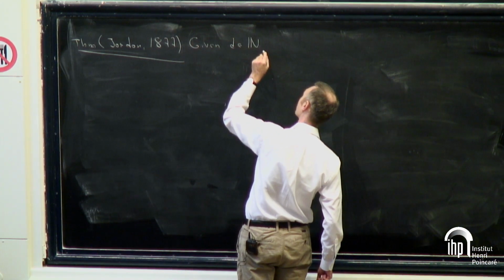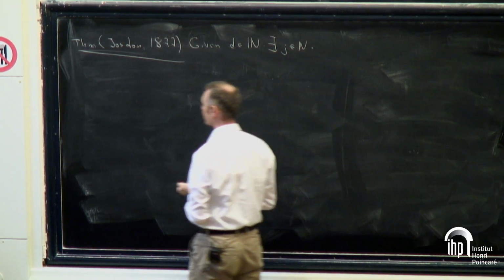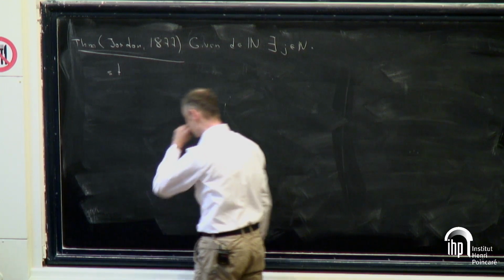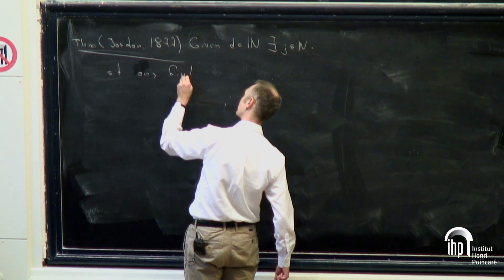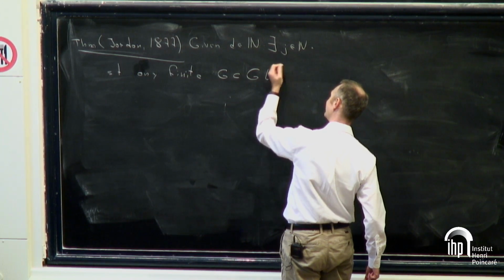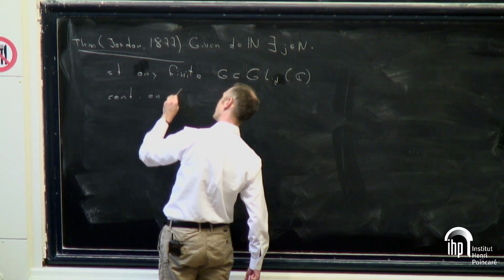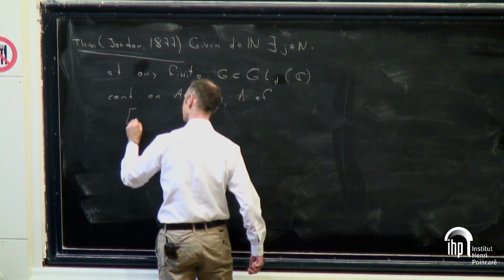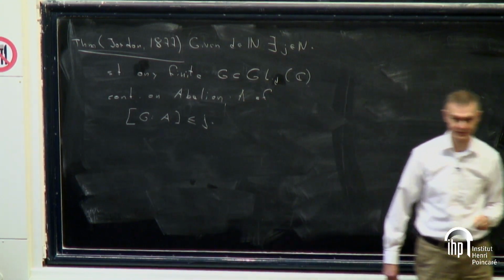Given a number d, there exists J such that any finite G in GL_d(C) contains an abelian subgroup A with index of A in G no more than this Jordan constant.